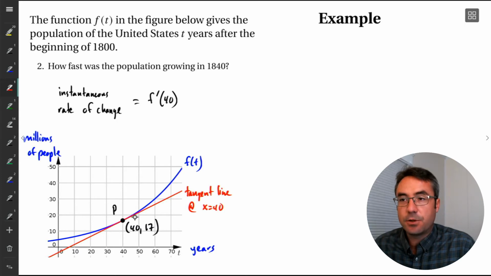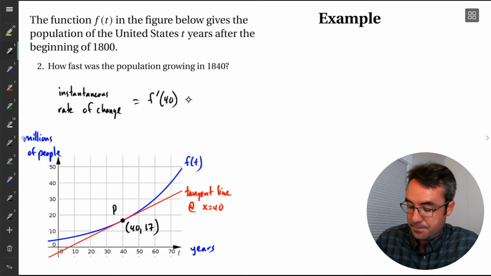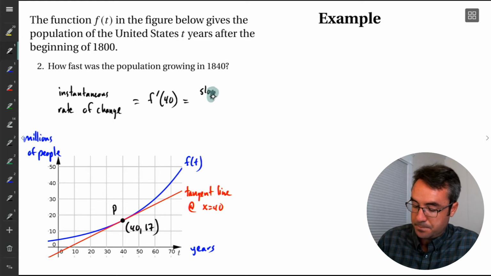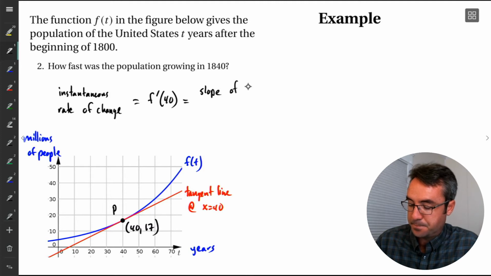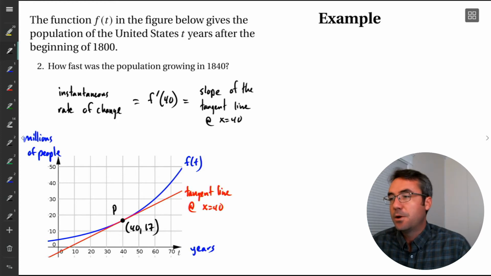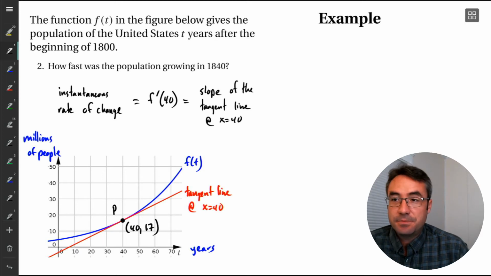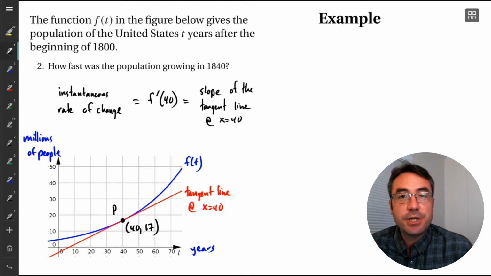And we really need the slope of this tangent line. All right, so how are we going to get that? Well, this is where we look at the change in y over the change in x.